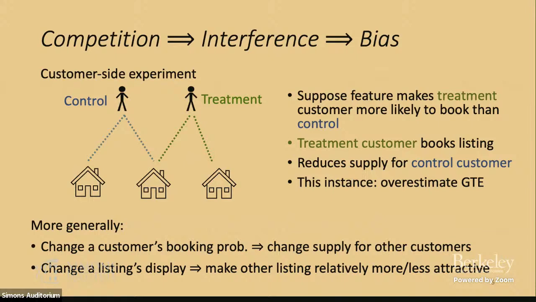And so more generally, whenever you change one customer's booking probability, you change the supply available for other customers. And whenever you change how attractive one listing looks, you change how other listings look in comparison. And so when you have constrained supply, constrained demand, this will create interference in your marketplace.